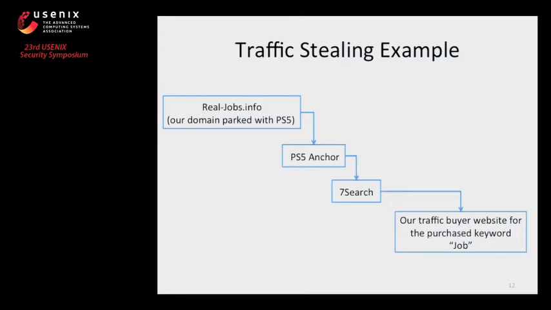The problem is that we, as traffic buyers, through this traffic exchange system, 7search, paid for this traffic hit. We paid 10 cents for it. We assume that the payment propagated to the parking service. The problem is that we, as domain owners of realjobs.info, did not get paid for this traffic, even though we, as traffic buyers, were billed for it and paid for it. Nothing reached us as domain owners.